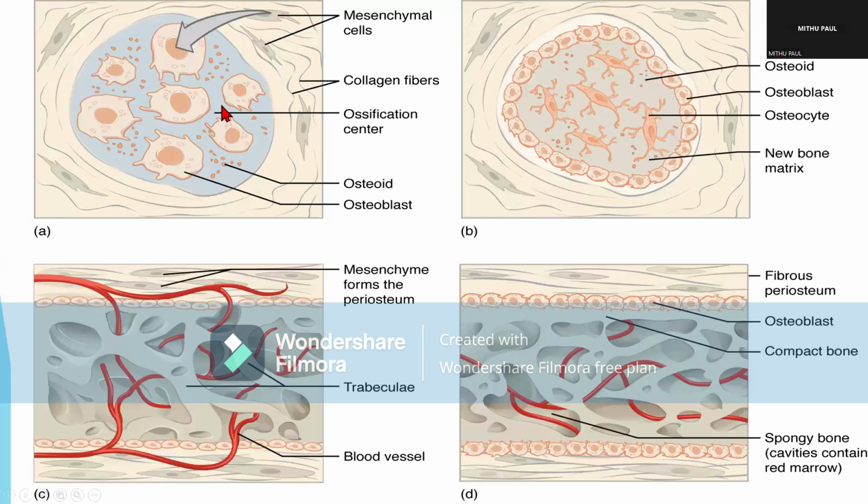This is another pictorial representation of membranous ossification. This is the area where the ossification has started. As the big osteoblasts proliferate into the surrounding, the center ones are converted to osteocytes, and there is deposition of the intercellular matrix, which gets calcified.